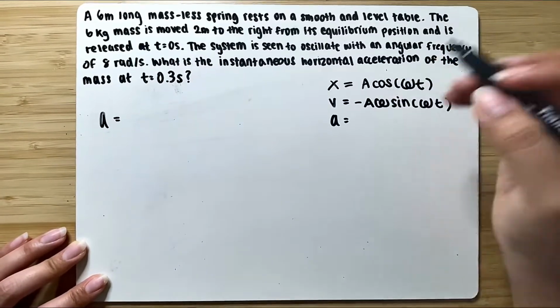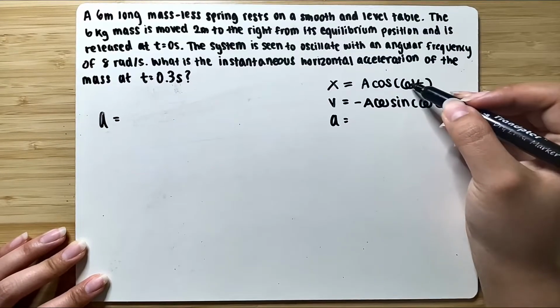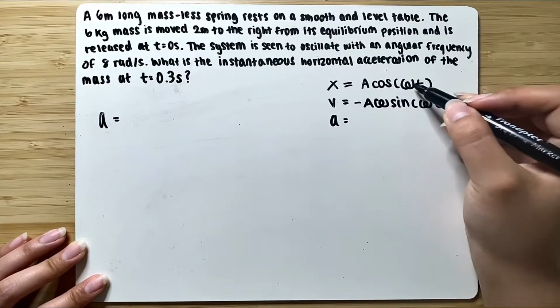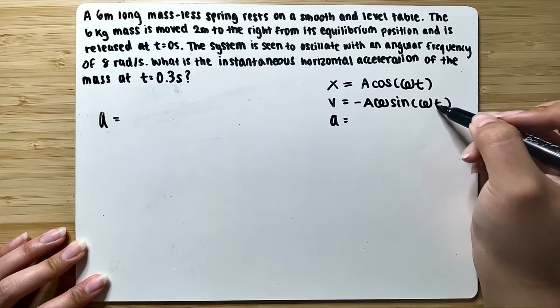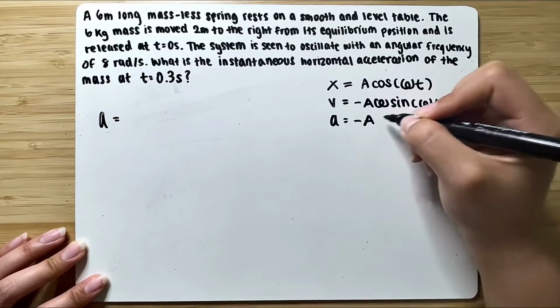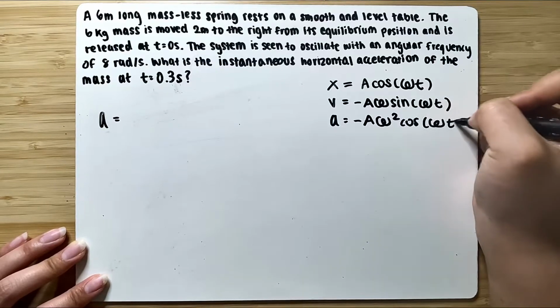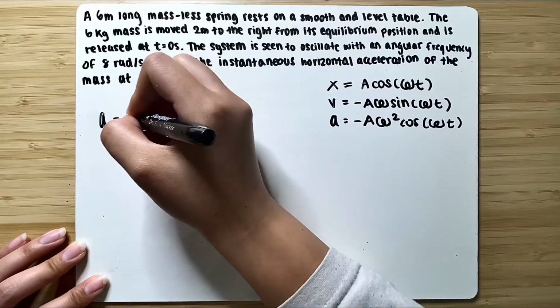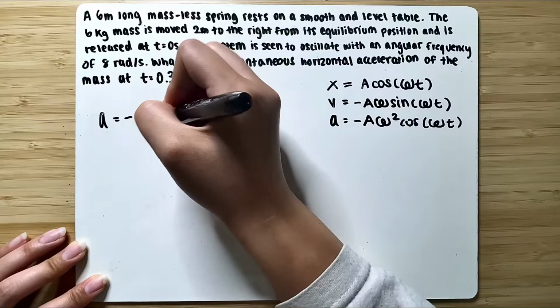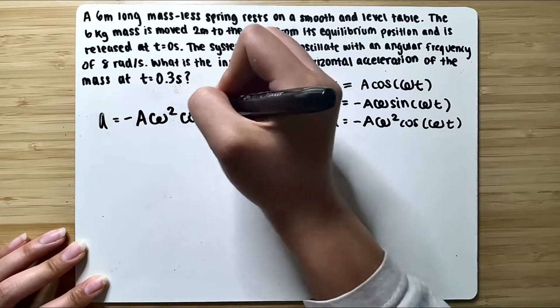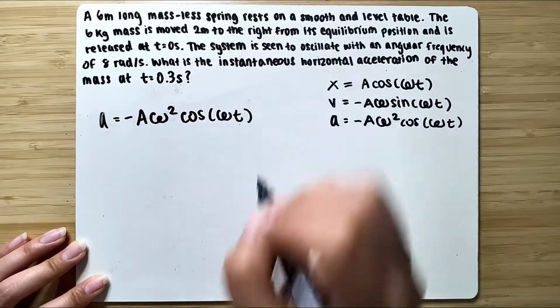Now, the second derivative of this in terms of t, you get negative A omega squared cosine omega t. So let's write it over here: negative A omega squared cosine omega t.